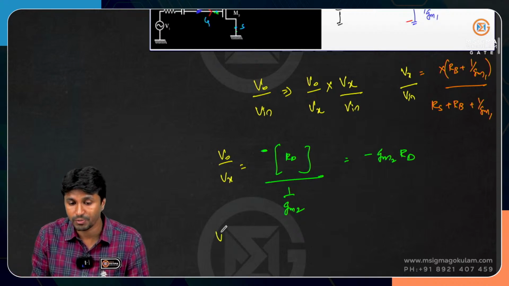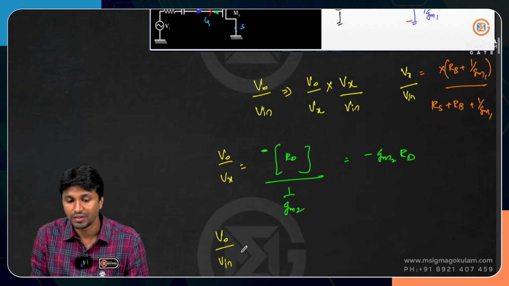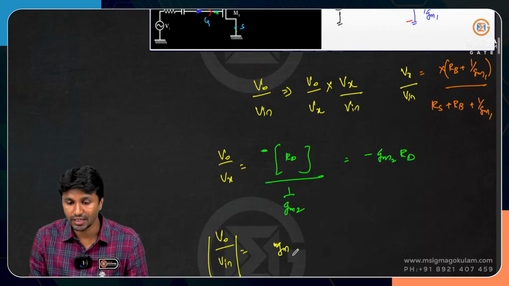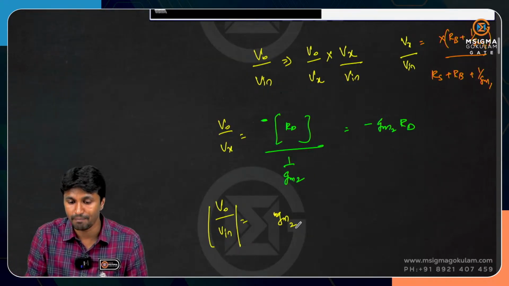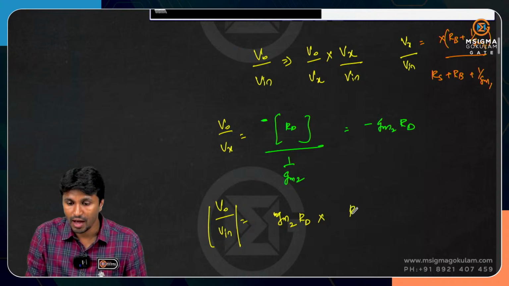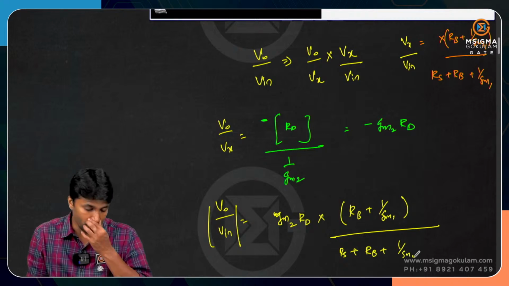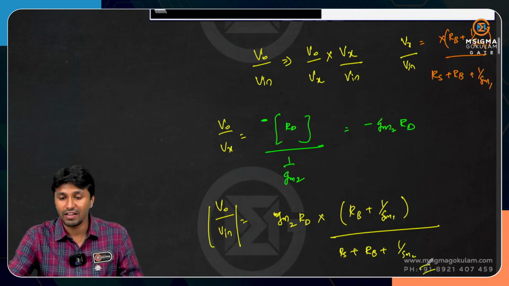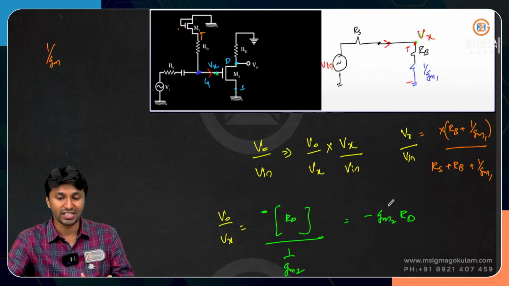In this particular question he is just asking you to find the magnitude. So the first term is Gm2 Rd, and you need not take the polarity, because he is asking just the magnitude. So Gm2 into Rd multiplied by Rb plus 1 by Gm1, divided by Rs plus Rb plus 1 by Gm1. Hardly 20 to 30 seconds taken.